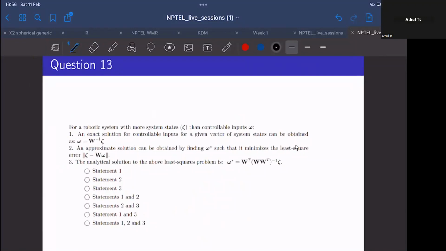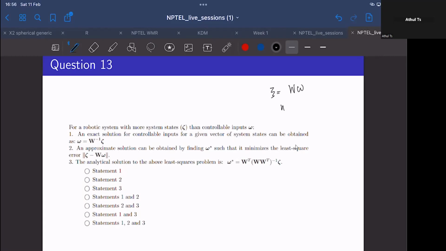First, for a robotic system with more system states than the controllable inputs, our kinematic relation is zeta equals W times omega, and more system states means zeta would be greater than omega.